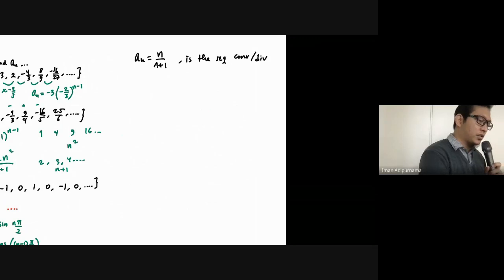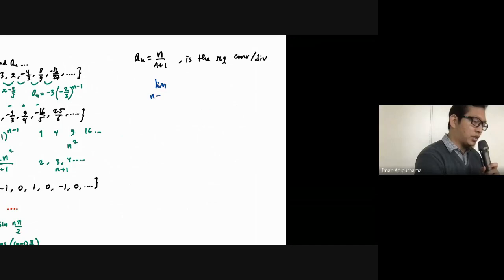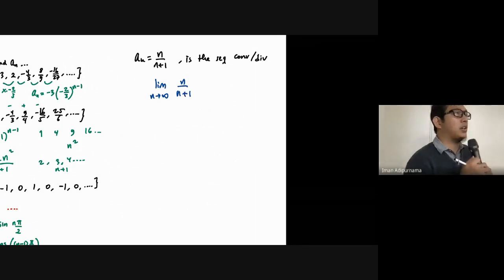Of course, this is the previous graph, right? And we know that this converges. But in terms of limit, we can write this as the limit as n approaches infinity, and we solve it by our limit rules. Okay. So we can divide all by n, right?